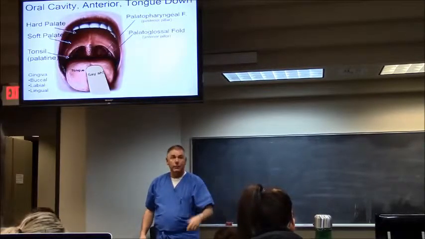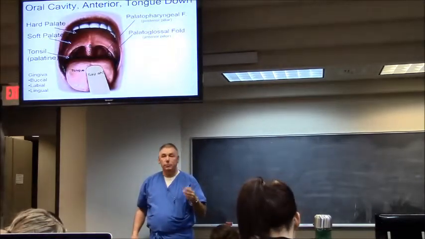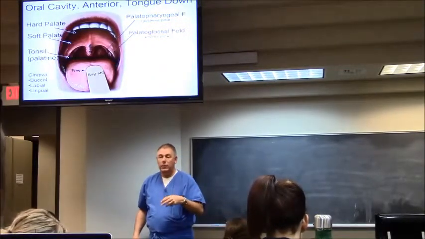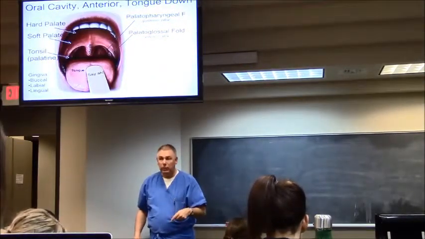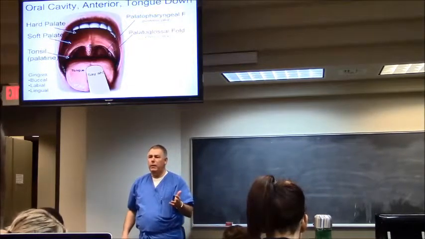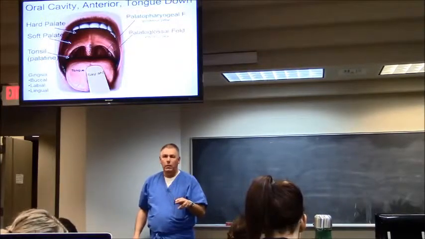And behind it, there's another one called the palatopharyngeal arch, pillar, or fold. And it has underneath the mucosa the palatopharyngeus muscle. These muscles are very small. They're not worth dealing with, but the folds are.